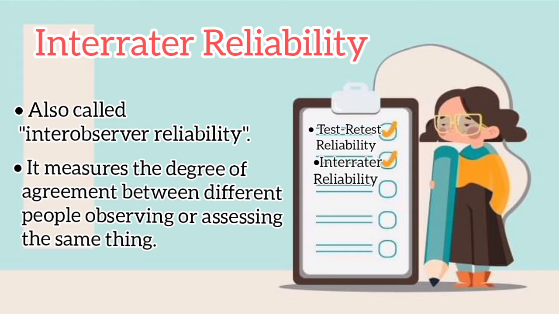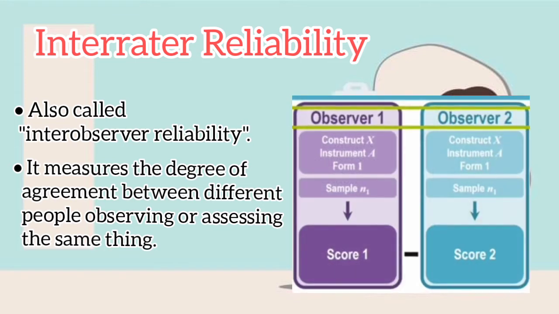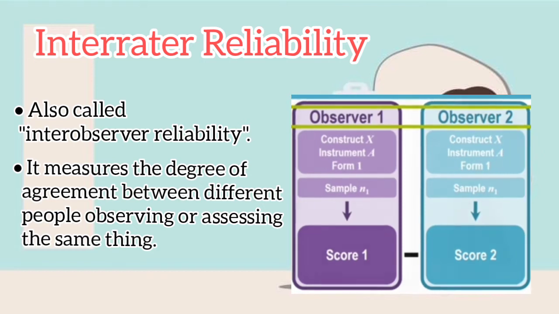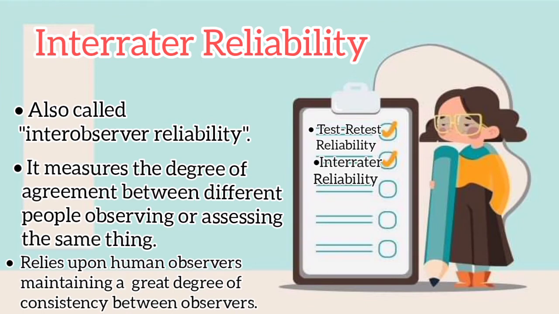Inter-rater reliability is the most easily understood form of reliability because everybody has encountered it. For example, watching any sport using judges, such as Olympic ice skating, dog shows, and dance competitions, and many more that use judges. So it relies upon human observers maintaining a great degree of consistency between observers.